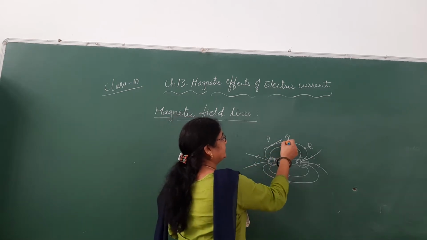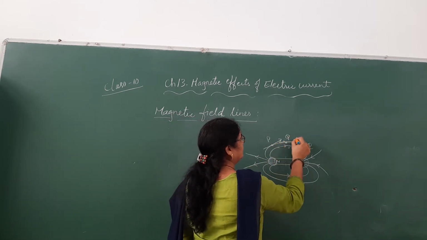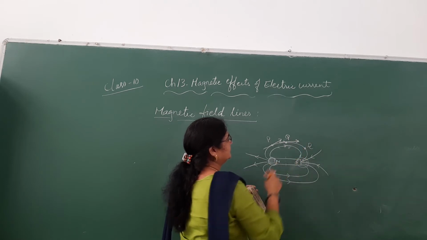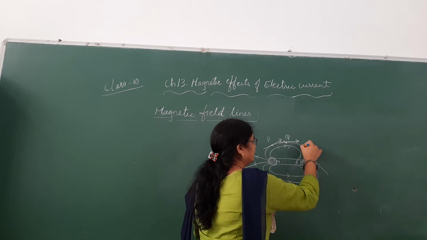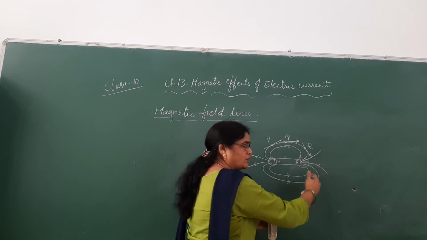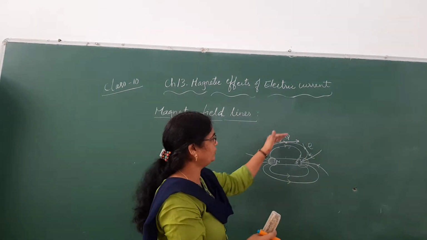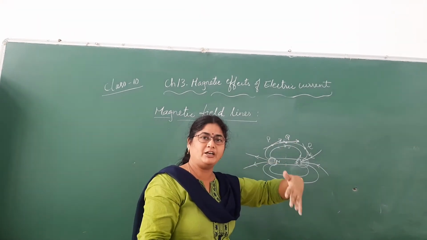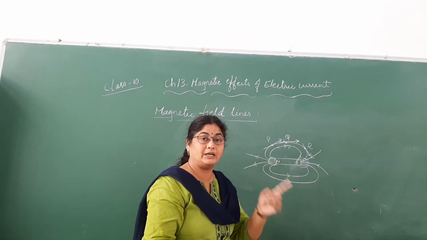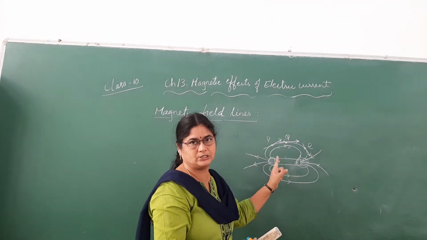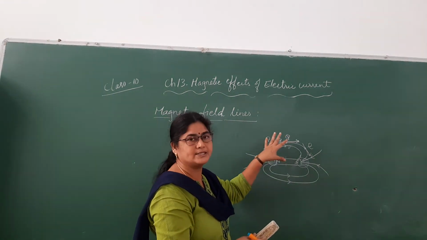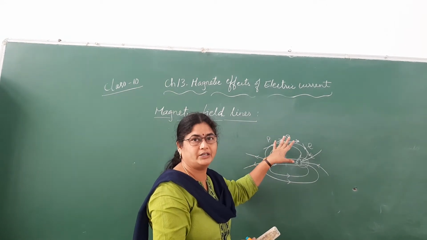Whereas if you take the point Q, the direction of the field is like this. Point R, the direction of magnetic field is downwards. That means that from point to point, the magnetic field changes its direction. But at one single point, it has a particular direction. That's why we call this magnetic field a vector field.